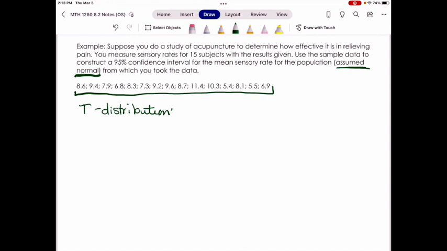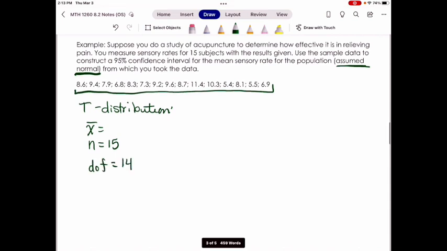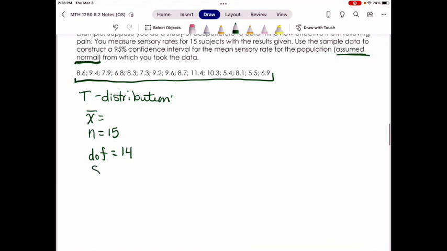So we're going to use the t-distribution. And we need to know some information if we're going to do it by hand. By hand, we need to know the x bar. We need to know the sample size. If you count the values there, you'll see that the sample size is 15, which means the degrees of freedom is going to be 14 because that's one less. We also need to know the sample standard deviation.